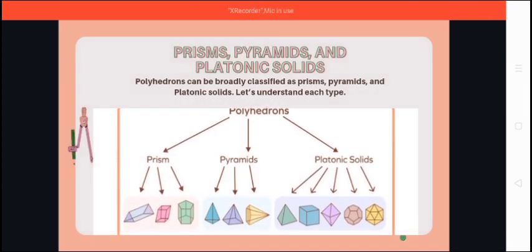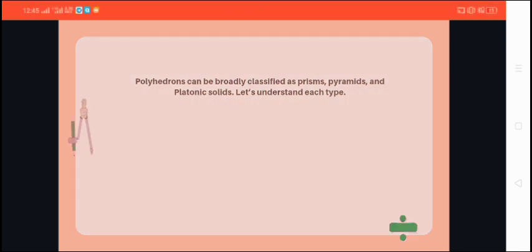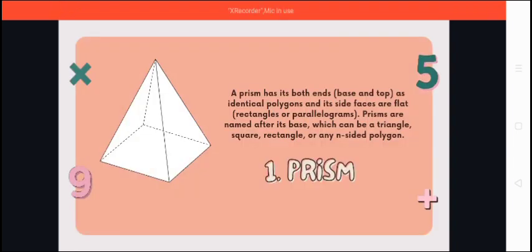So polyhedrons can also be broadly classified as prisms, pyramids, and platonic solids. Let's understand each type. As you can see here, there are different types of prisms, pyramids, and platonic solids. So let's know what a prism is. A prism has both ends, base and top, as identical polygons, and its side faces are flat rectangles or parallelograms.